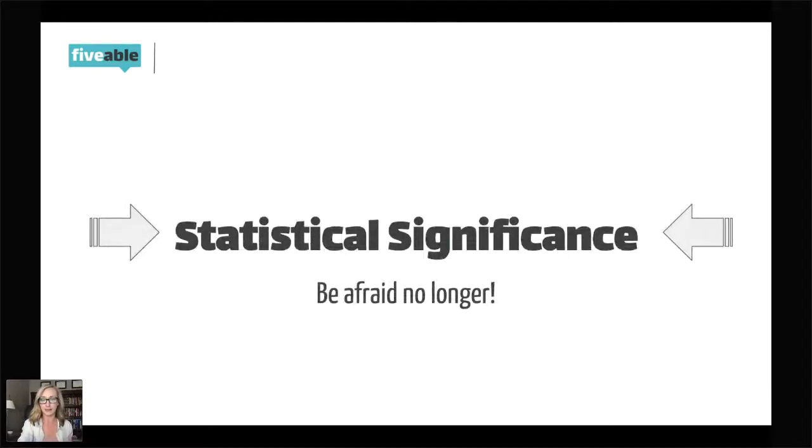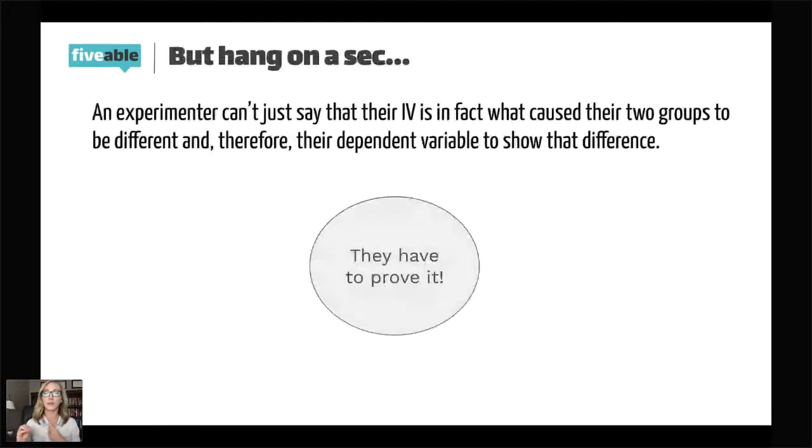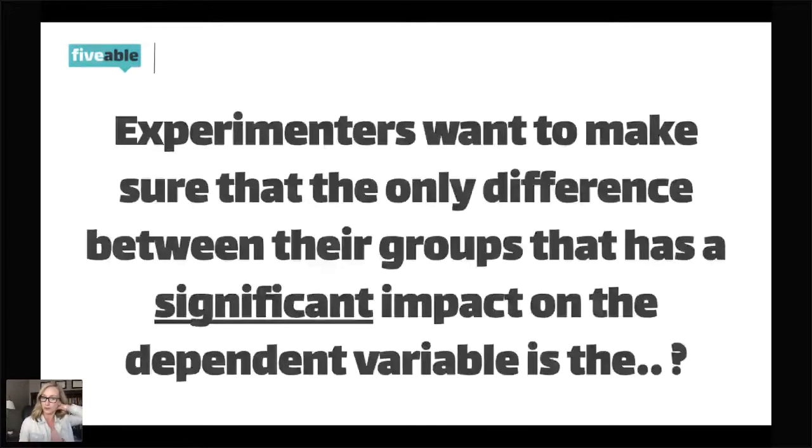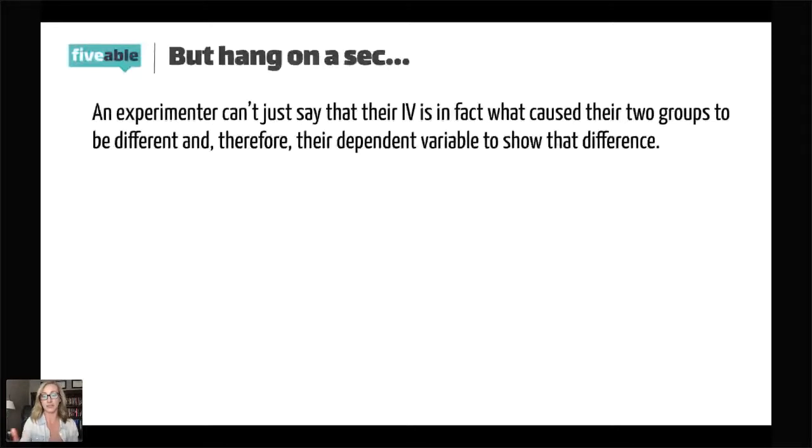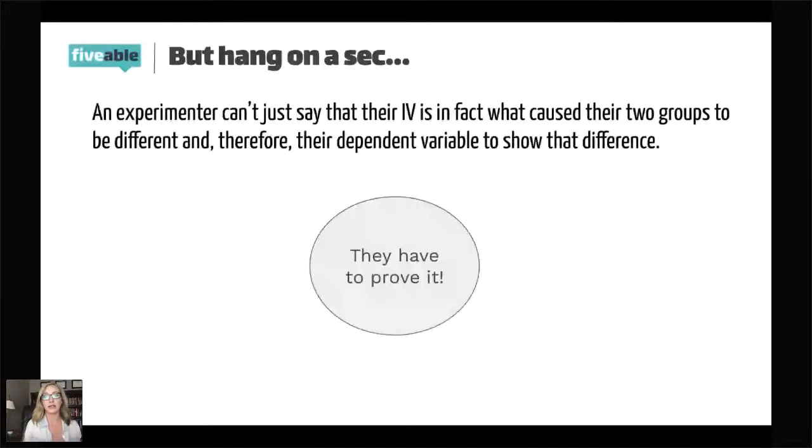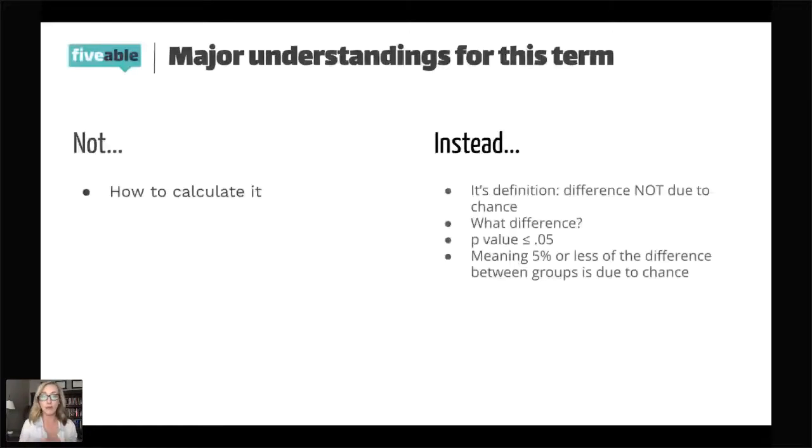I'm going to go back a little bit. Experimenters want to make sure that the only difference between their groups that has a significant impact is the independent variable. And they prove that with statistical significance. Now, the major understanding for this term that you must have for the test is not how to calculate it, right? You could probably, especially if you're in statistics, know how.